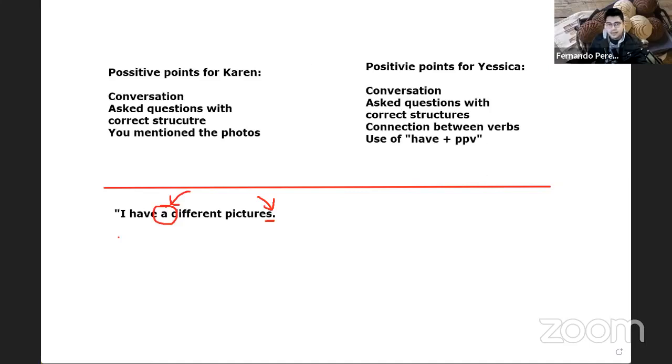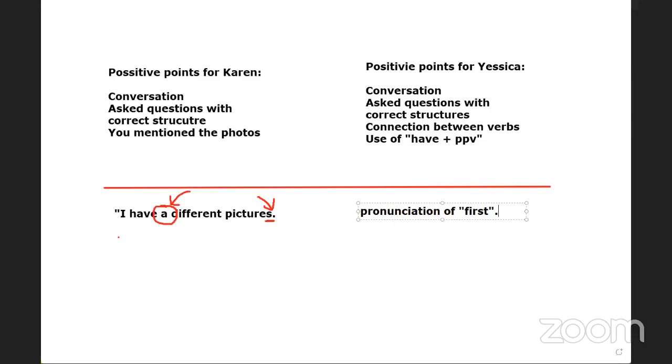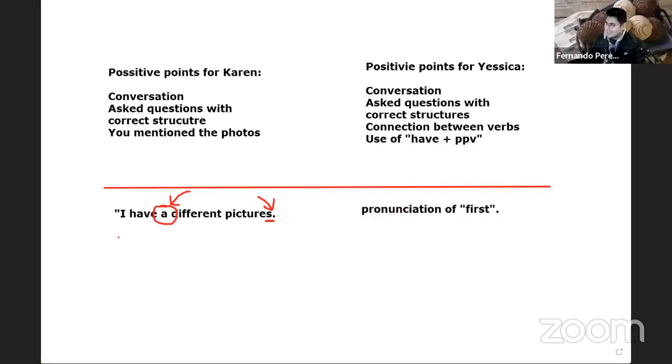In the case of Jesse, you said the pronunciation of this word that you always pronounce incorrectly. How do you pronounce this word? Exactly.